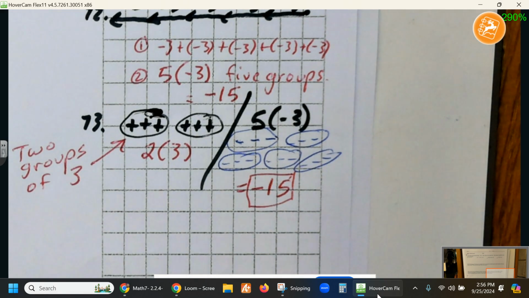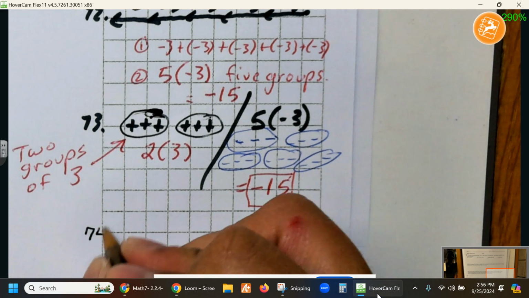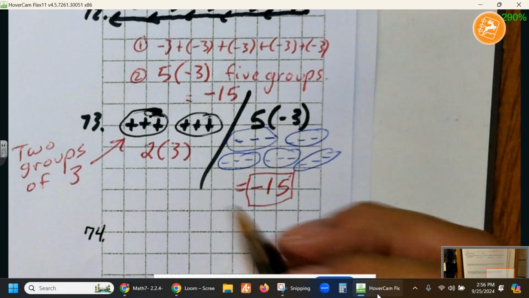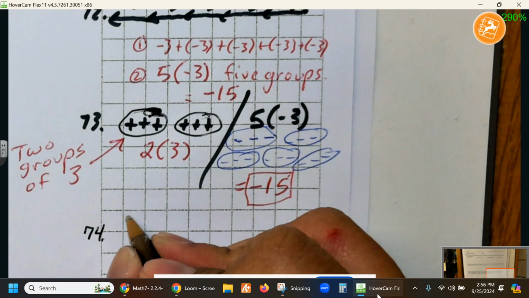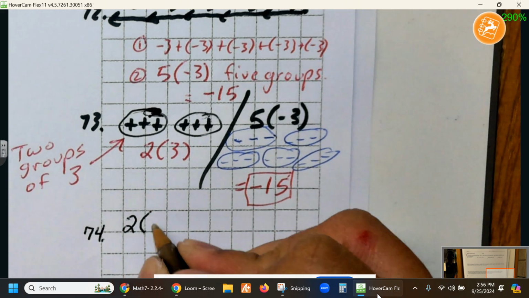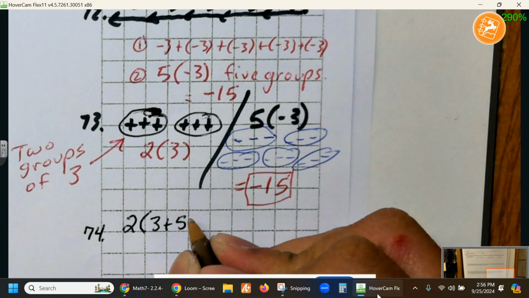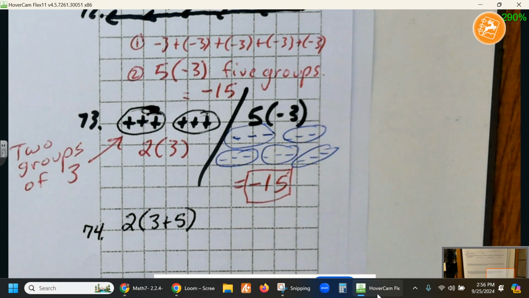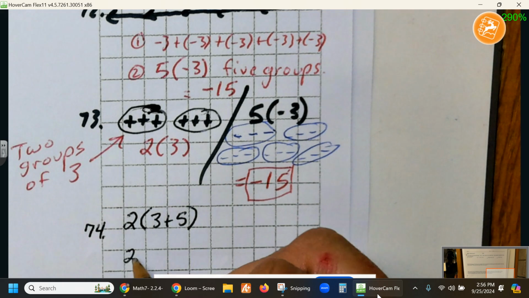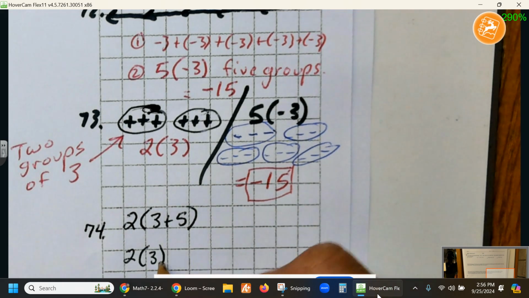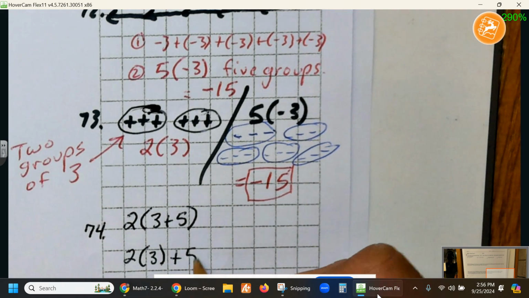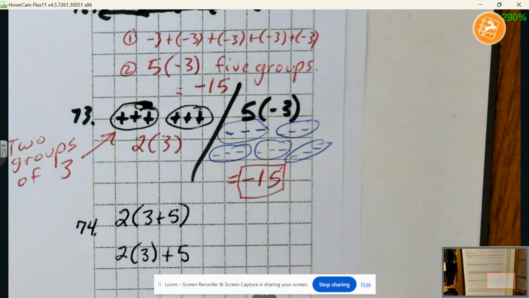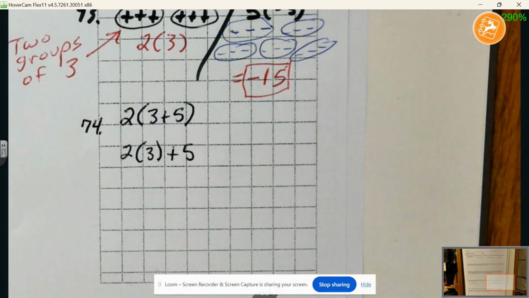this is number 74. We have this. And then we're going to have this. So right off the bat, we can see that there's some similarities here.